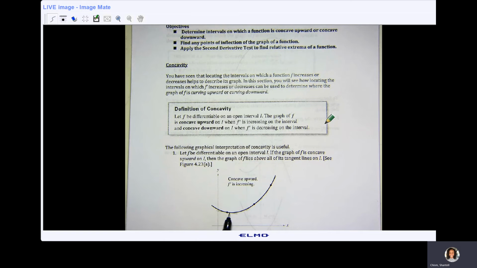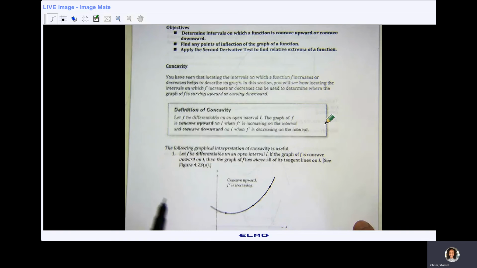Okay? Here's a picture, a graphical interpretation of concavity. So here it says that f is differentiable on the open interval I. If the graph of f is concave upward on I, then the graph of f lies above all of its tangent lines. So concave up means your tangent lines will actually lie below the graph, or in other words, the graph of f will lie above all of the tangent lines.